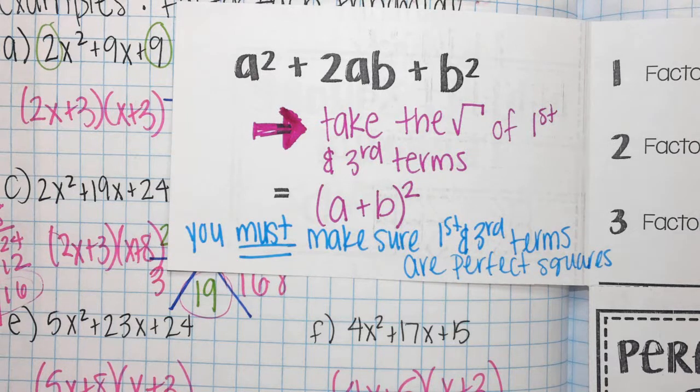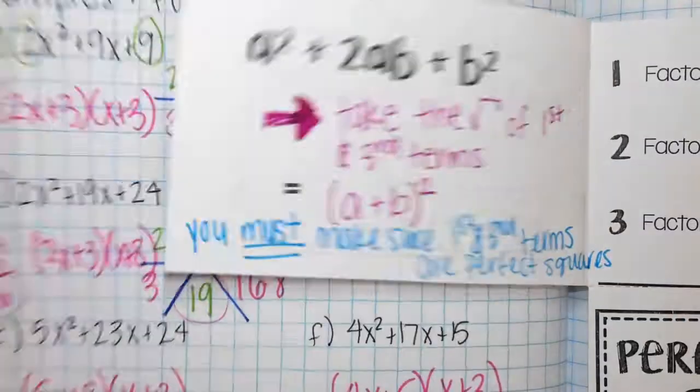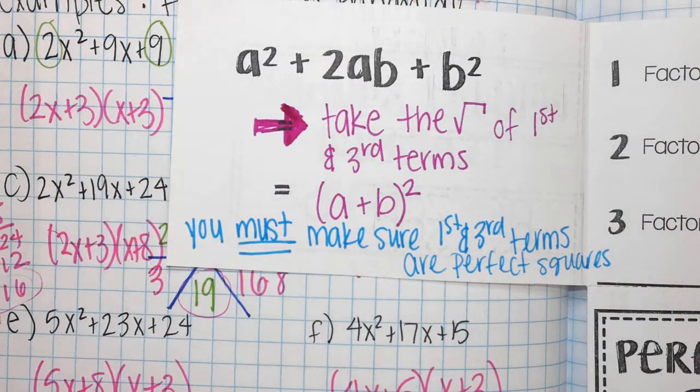Then you do normal factoring of trinomials. That's a great question. If they're not perfect squares, then you go back to what we've been doing using the star method. It depends on if there's a number out front.